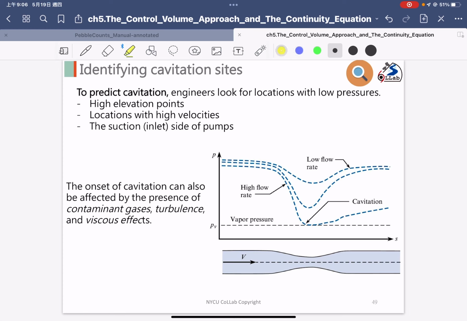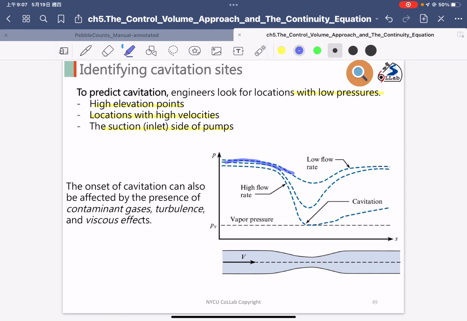The key knowledge is where the locations with lower pressure are. Sometimes when the elevation increases, the pressure also decreases, and at locations with higher velocity, based on the Bernoulli equation, you know that high velocity results in lower pressure. And some sections on the side of the bump also have lower pressures. So you can design different conditions.